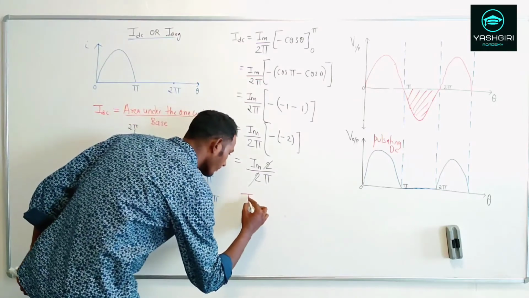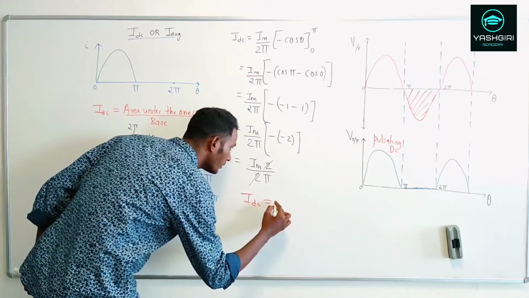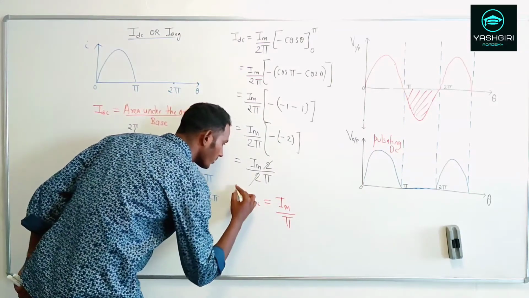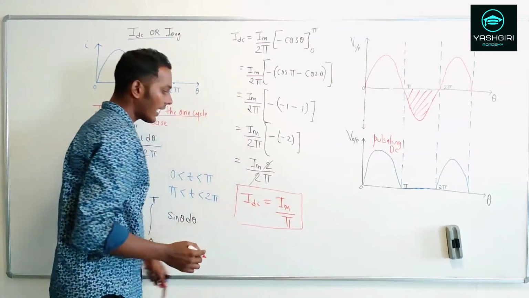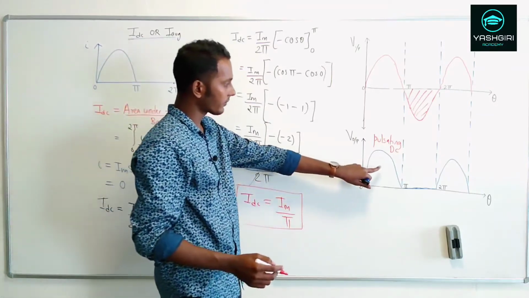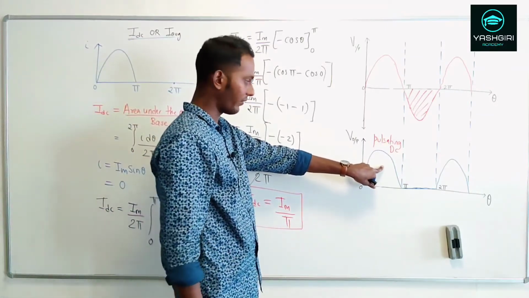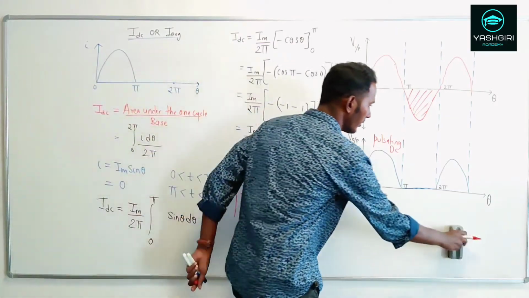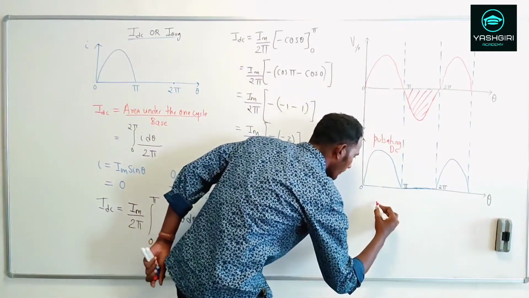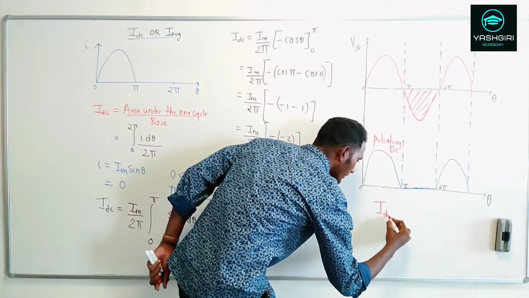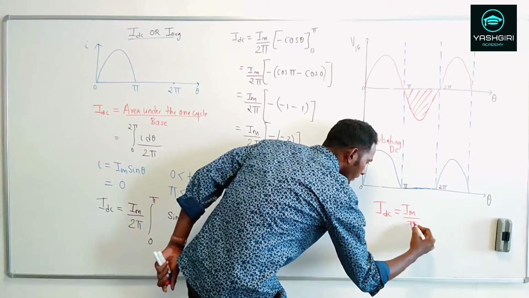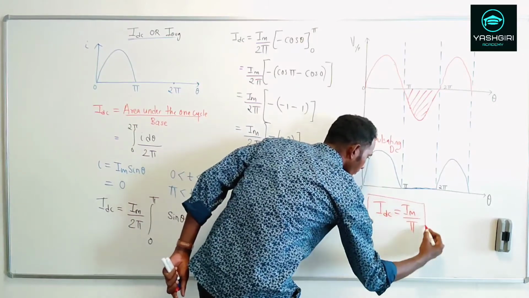IDC is equal to Im upon pi. Yes, so IDC is Im by pi for this pulsating DC output waveform. So let me write it somewhere here. What I have got is IDC, or the I average, is equal to Im by pi. So that's my equation.